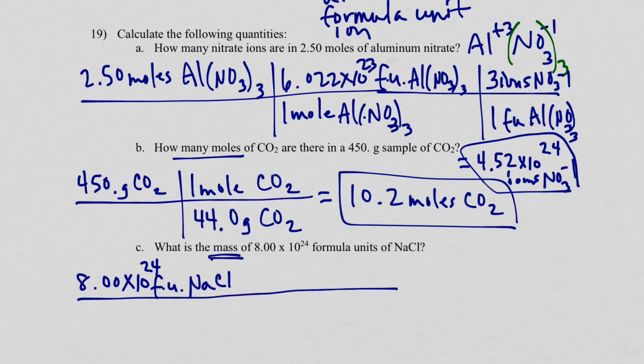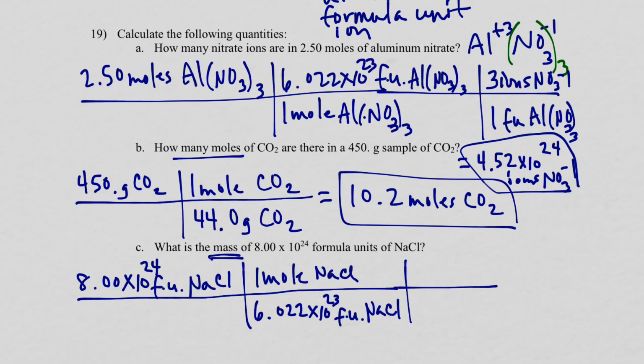So this is going to be a 2-step conversion because we're going to have to convert from formula units to moles and then from moles to grams. So the first conversion factor is Avogadro's number, 6.022 times 10 to the 23rd formula units NaCl for every 1 mole of NaCl.